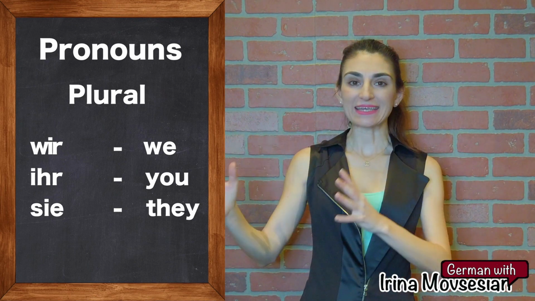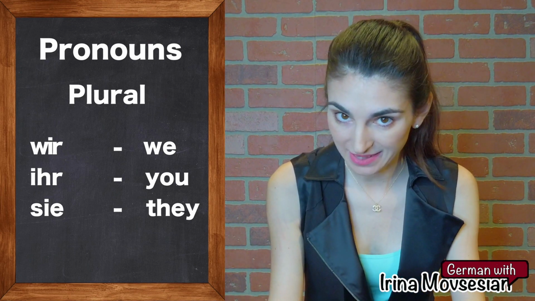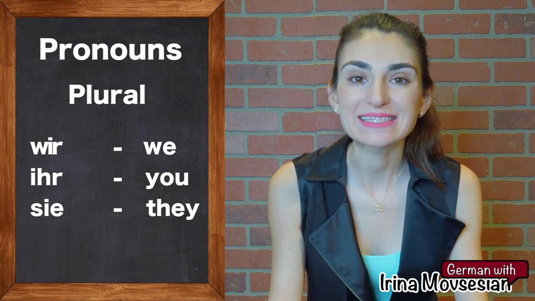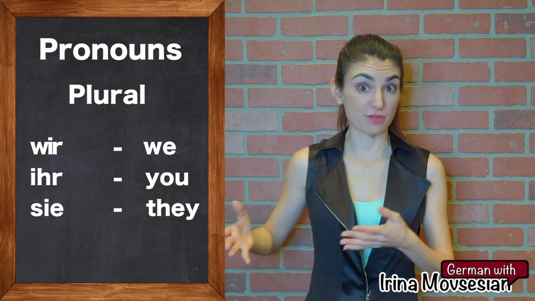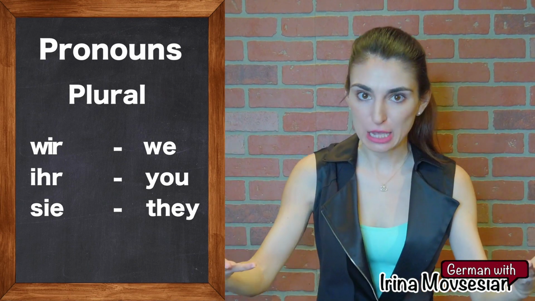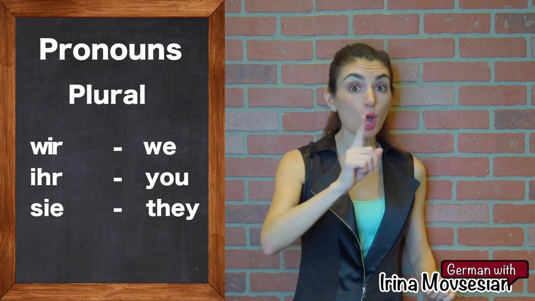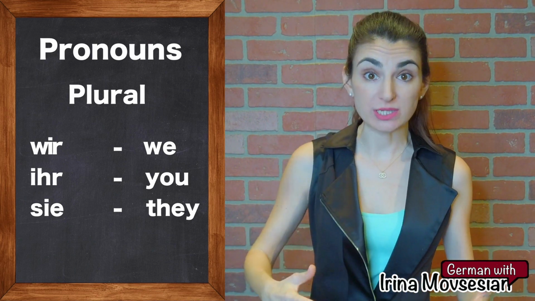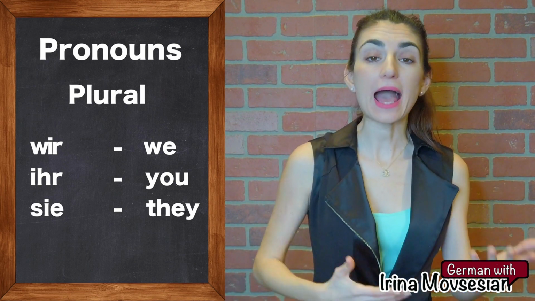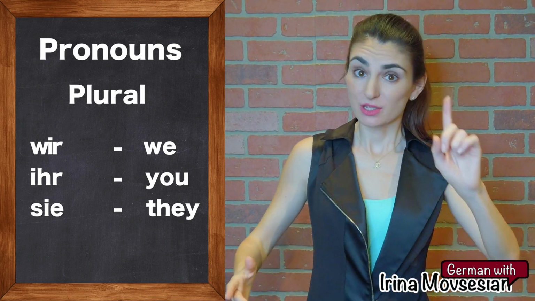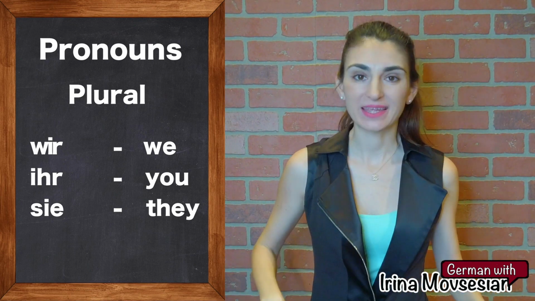Wir, ihr. Alright? And sie, the last one, will be they. Look, she and they are the same words. Well, we will know which one when we use the verb. The verb will have different endings, so don't worry, you will not mix them together.